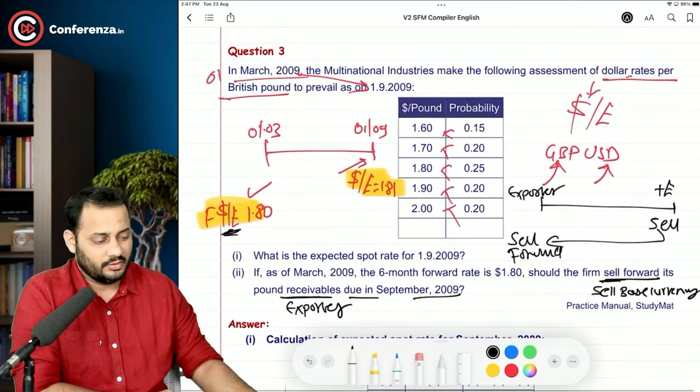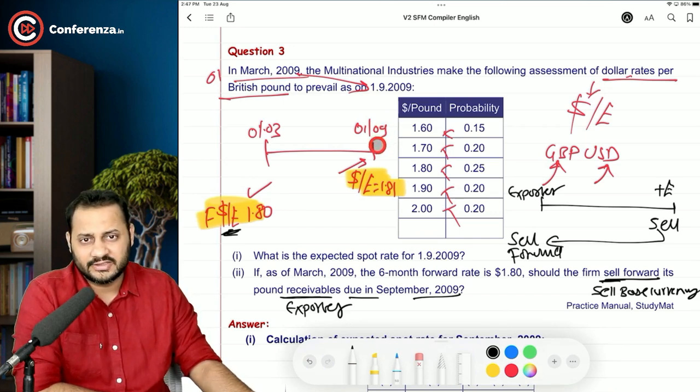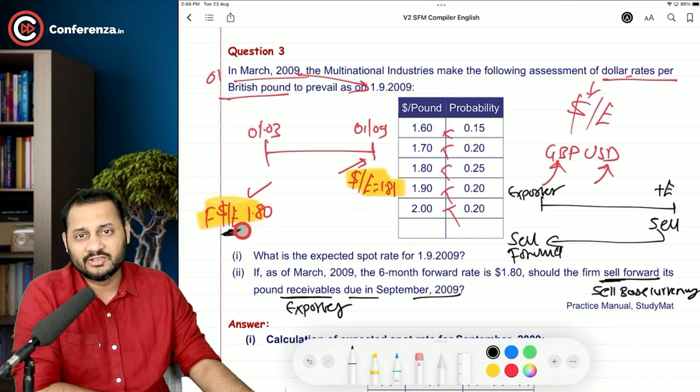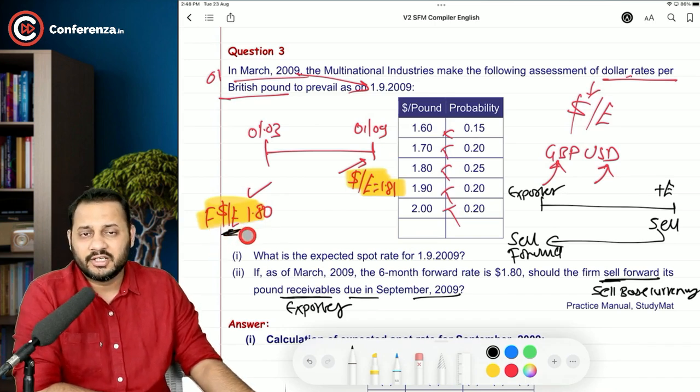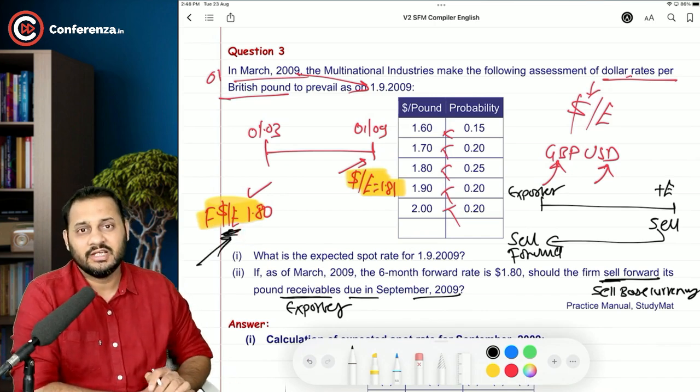So see, after receiving the pounds, let's say for example 1 lakh pounds we are supposed to receive after 6 months, we can convert them in the market at $1.81 per pound. But today we can fix the contract to receive $1.80 per pound. So what should we do? Shall we enter into this transaction?